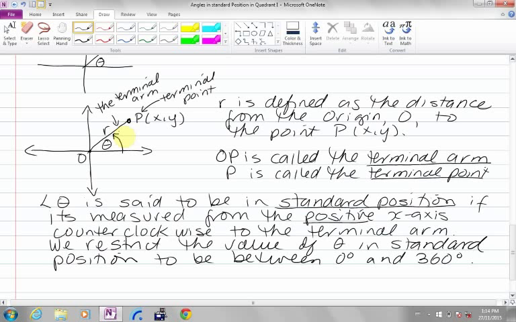So we describe that angle in a very particular way, measured from the positive x-axis up to the terminal arm counterclockwise. That angle is in standard position. When we do all of our work, we're working with angle theta in standard position, and it'll state that in the question so that we're clear on how we're measuring that angle. Because there's lots of ways that we could get to that terminal arm, and we have to pick one.